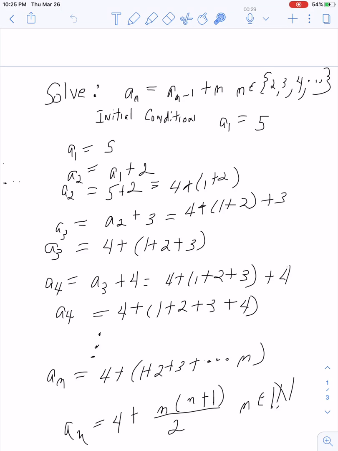Now remember, don't simplify much, but rather group terms together that come from the same part of the equation, and up here the same part of the equation is this plus n. So now let's do a sub 3, and a sub 3 is, according to the recurrence relation, a sub 2 add 3, but a sub 2 is 4 plus 1 plus 2, so it's going to be 4 plus 1 plus 2 plus 3.